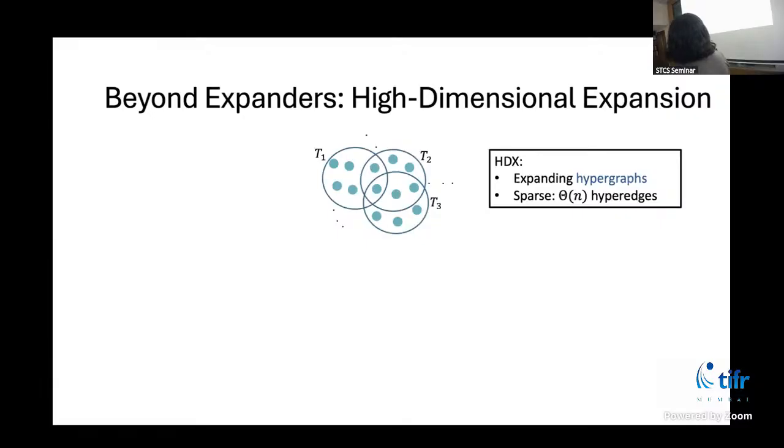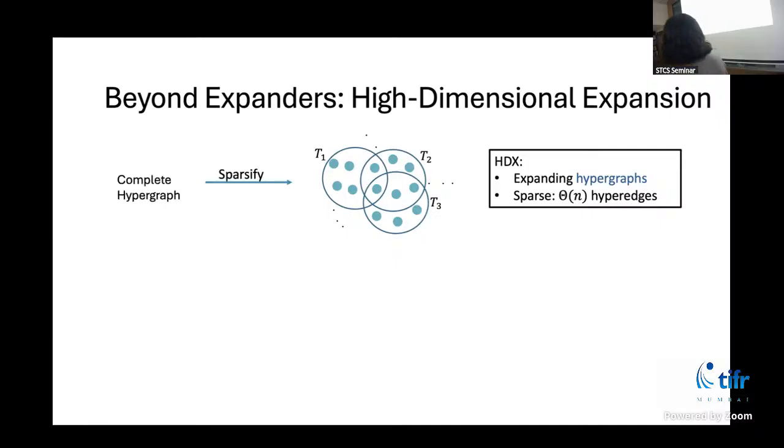So what are high dimensional expanders? These are expanding hypergraphs. So instead of edges, you have a universe of vertices, which is just these blue dots, and you have a collection of hyperedges on these vertices. And again, you only have theta n hyperedges.